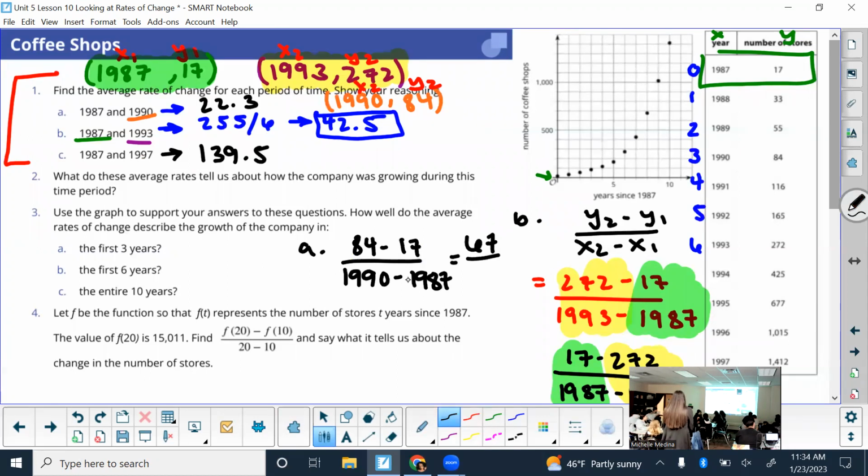What's 1990 minus 1987? 3. Divide those out. You get 22.3 repeating. Round it however they tell you. I just rounded it to the first decimal. So we'll continue tomorrow. Don't lose your paper.